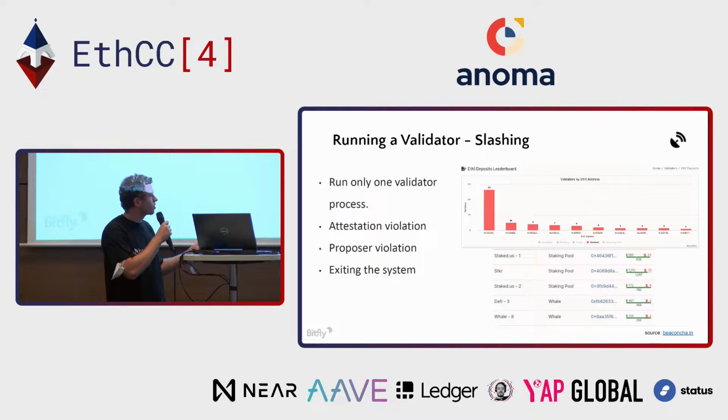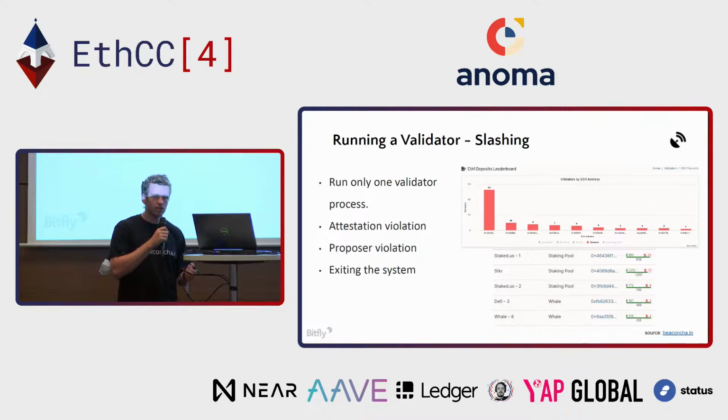And here you have the top 5 slashings that I added. You should really make sure that you only run one process. On Reddit, we saw someone who tried out our metrics, and he didn't realize that he was already running one validator client, and then he spun up another validator client with the metrics endpoint, and got slashed, which is really unfortunate. So really watch out that you're only running one process.